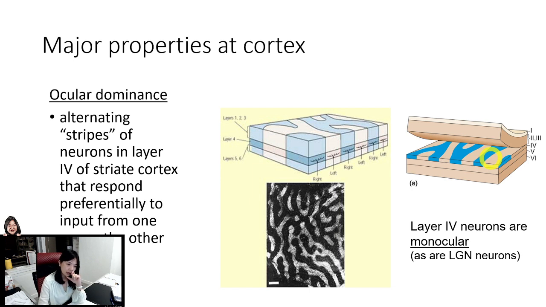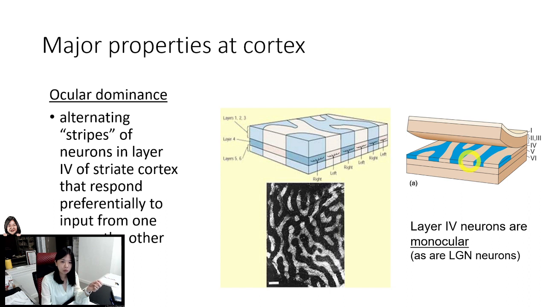And so what happens after layer 4, for example, as we rise to layer 3, I think you remember me saying this is where binocular neurons first emerge. What we mean by binocular neurons here is that I will be responsive to both eyes' stimulation, not just responsive to the right eye, for example.